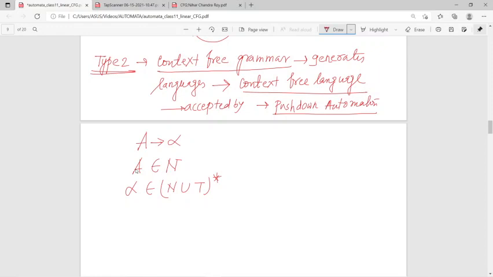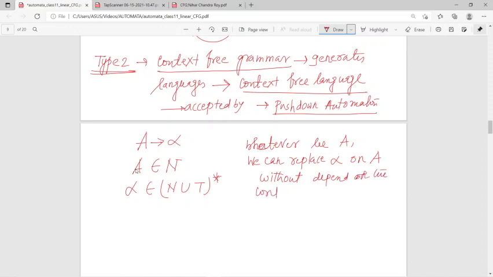Whatever A may be, we can replace it with alpha without depending on the context.